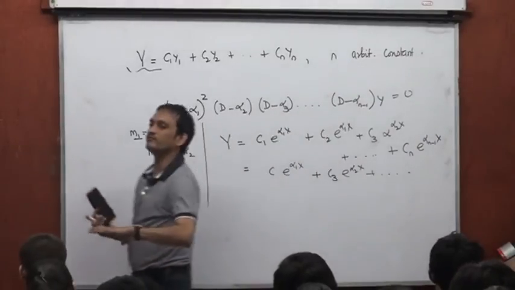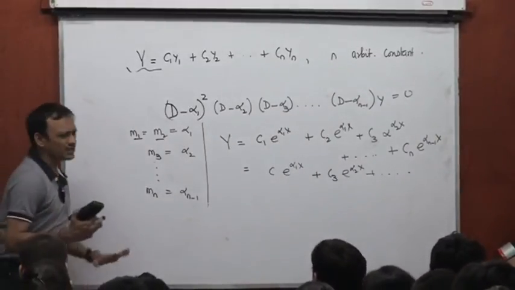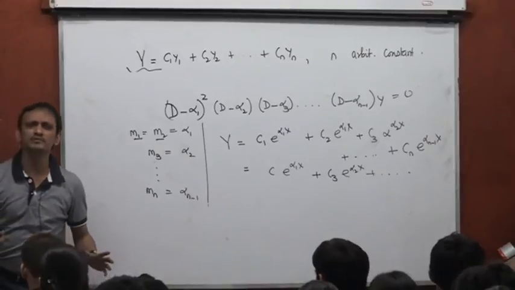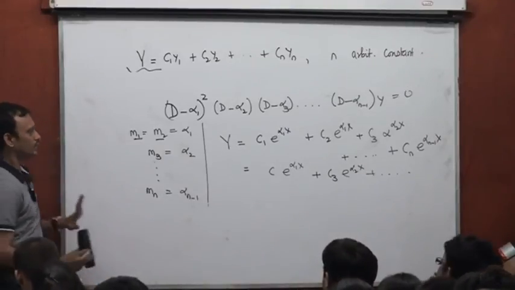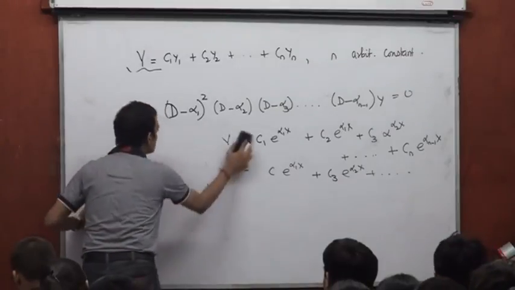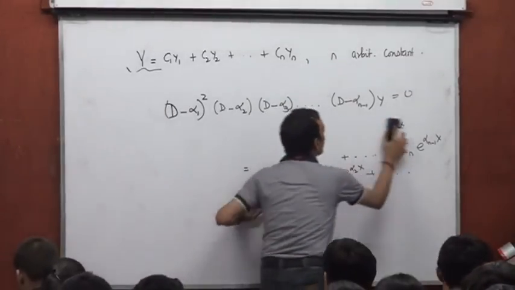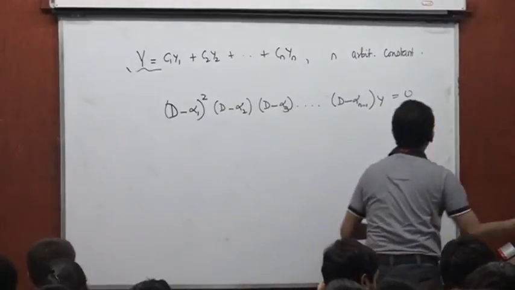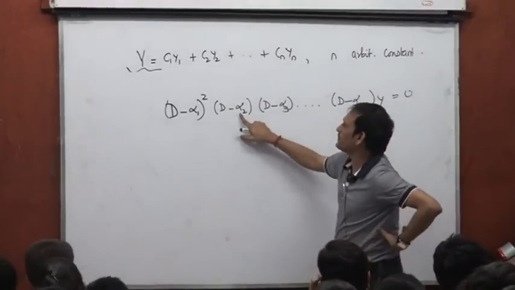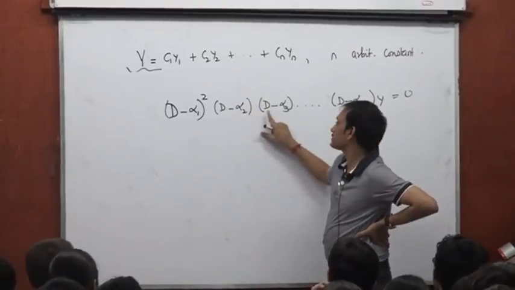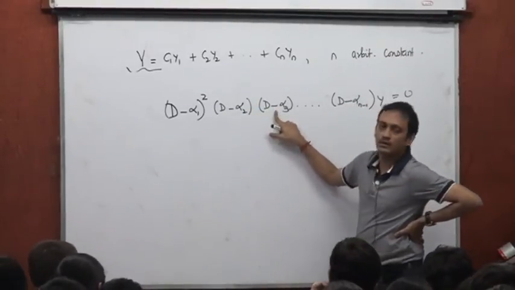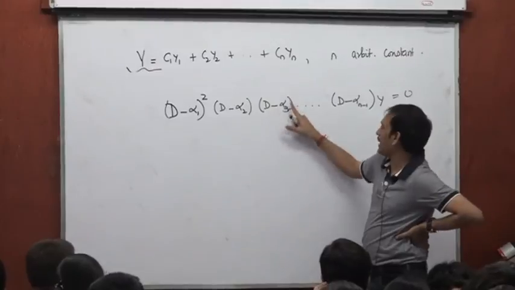What now? Again, without proof. It's not difficult to prove that, but we'll keep ourselves away from the proof of this result for the time being. See, in the general solution, the contribution made by this is some constant into e^(alpha 2 x). The contribution made by this factor is some arbitrary constant e^(alpha 3 x).